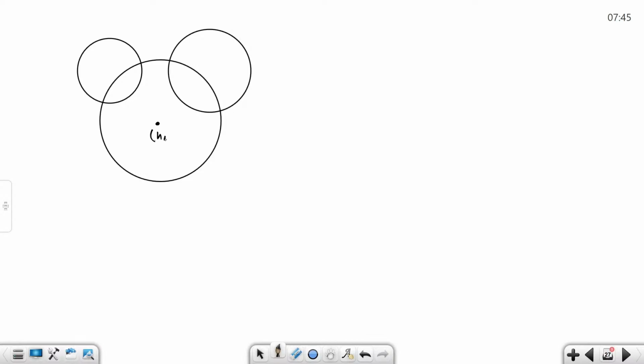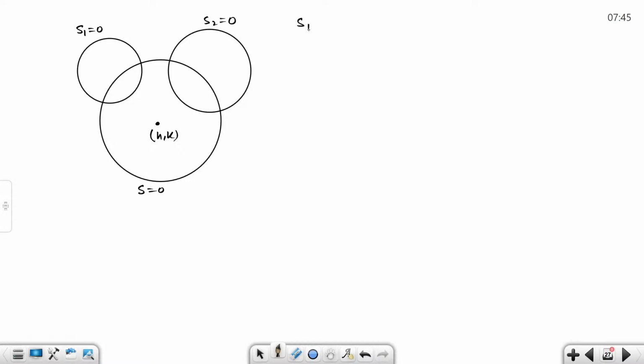Let h comma k be any point on this locus. And the equation of the first circle, let us say, is S1 equals to 0. The second given circle is S2 equals to 0. And for the third circle, let us say this is S equals to 0.